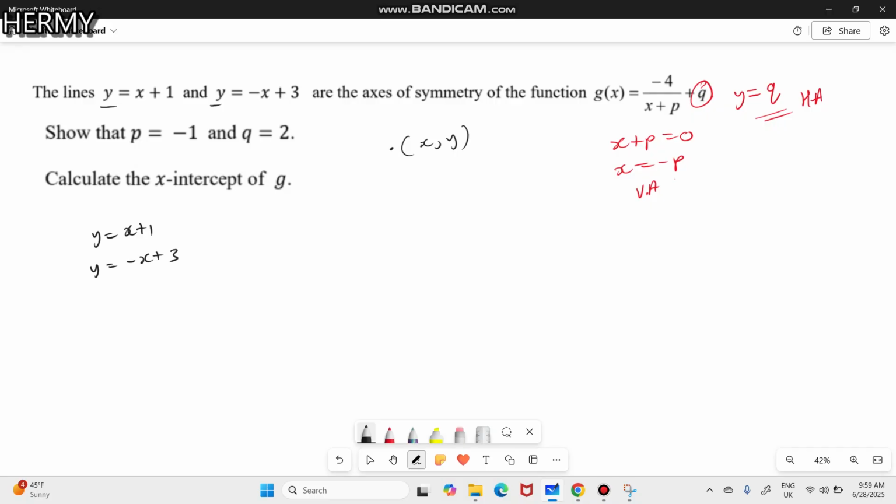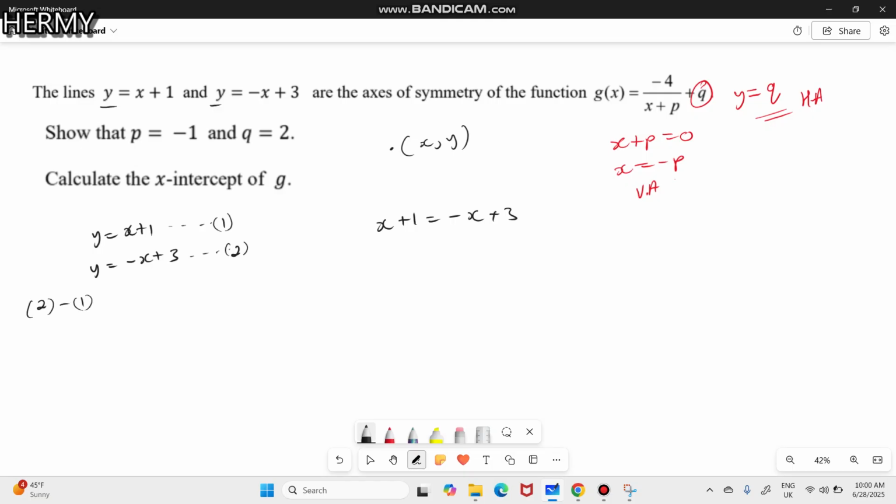3. So I always advise people to use the elimination method, meaning equation 2 minus equation 1, or just equalize the two. You can equalize the two like this: x plus 1 equals negative x plus 3, or you can use the elimination method, equation 2 minus equation 1.